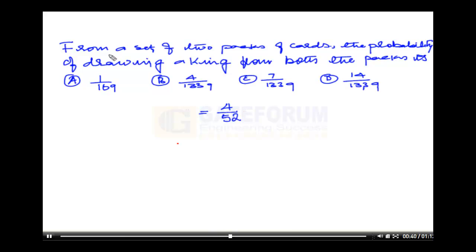Again from the second pack it is also 4 by 52. So we have to draw a king from both the cards, therefore multiplication. Hence the probability of the event, that is drawing a king from both the cards, is 1 by 13 into 1 by 13, which is 1 by 169. That is, A is the answer.